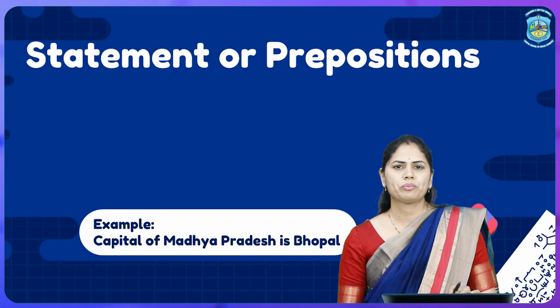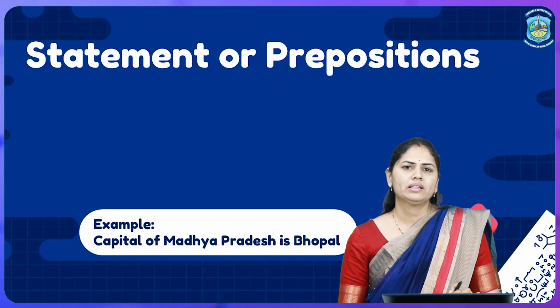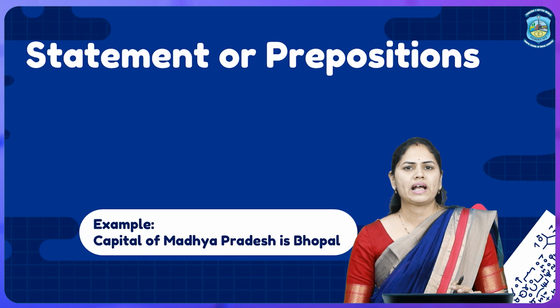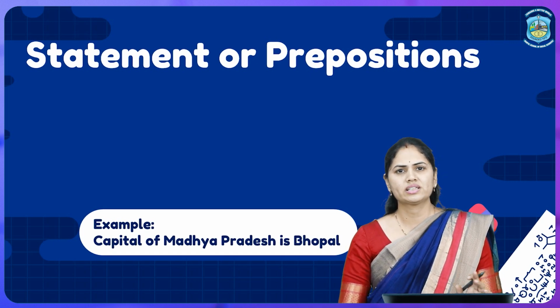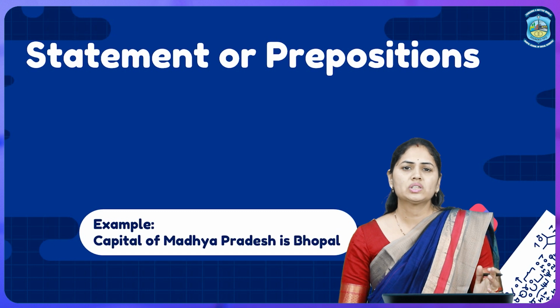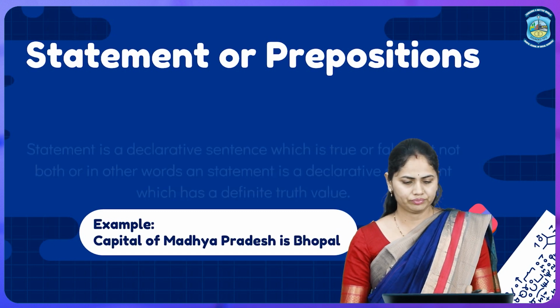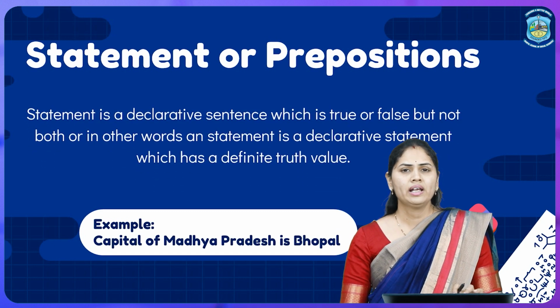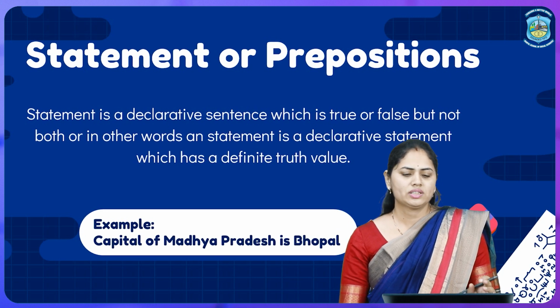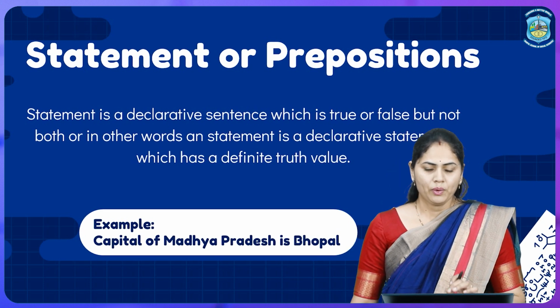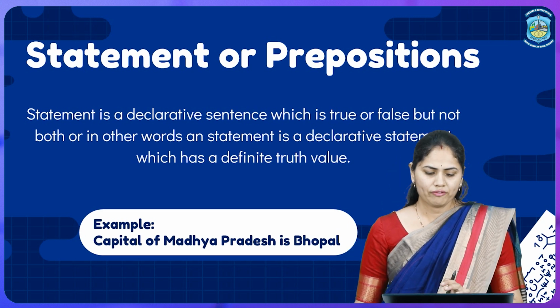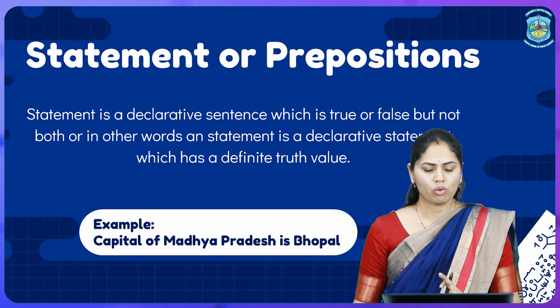Statement or propositions. Now, what are the propositions and statements? As we all are aware, in English, a statement is also called a sentence. Here in mathematical logic, a statement is also called a proposition, and a statement is a declarative statement which is either true or false, but not both.